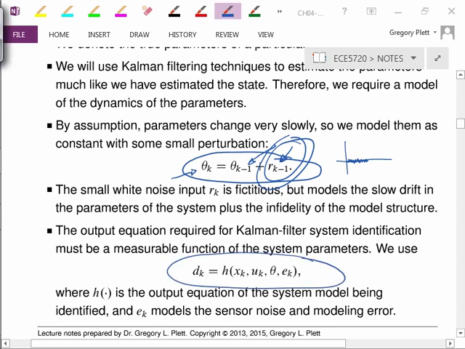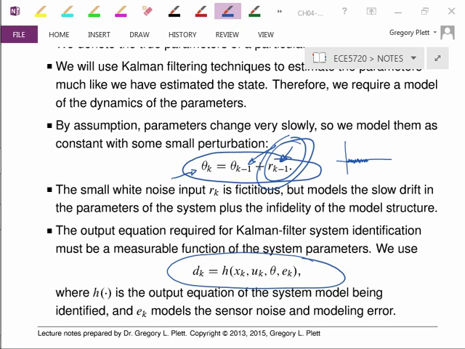Here we have a generic measurement d_k, which is some nonlinear function h evaluated at the present state of the model, the present input to the model, the parameters of this cell, and some measurement noise e_k. So h is an output equation. It could be the same as our voltage equation from our enhanced self-correcting cell model. That would actually be okay, and it's probably what we would do.